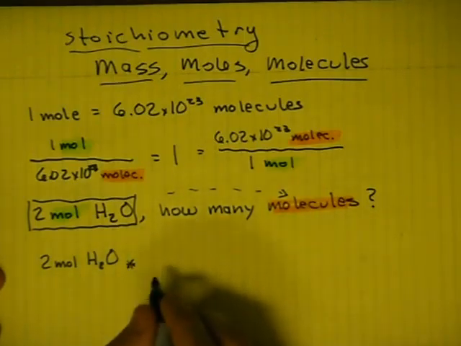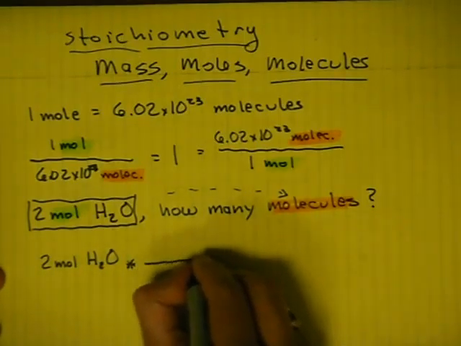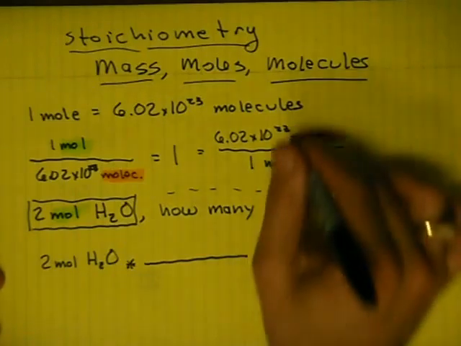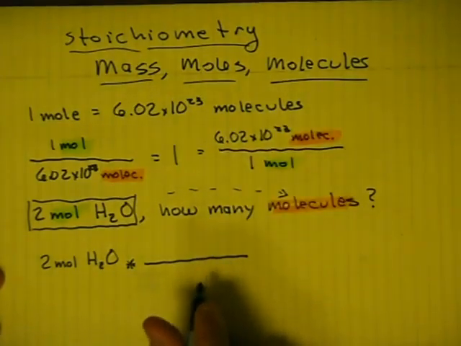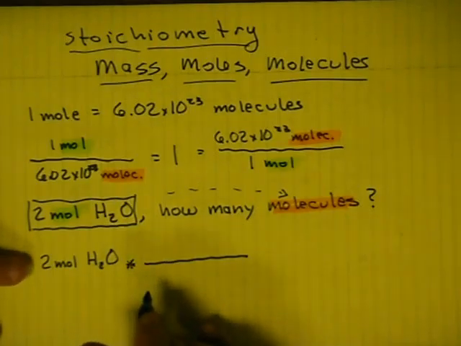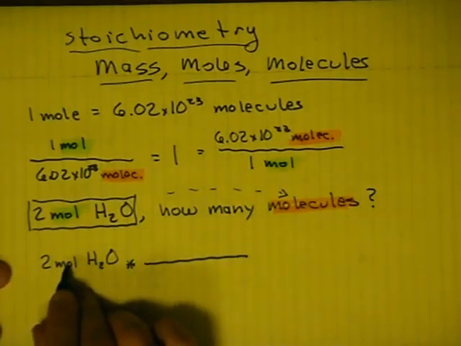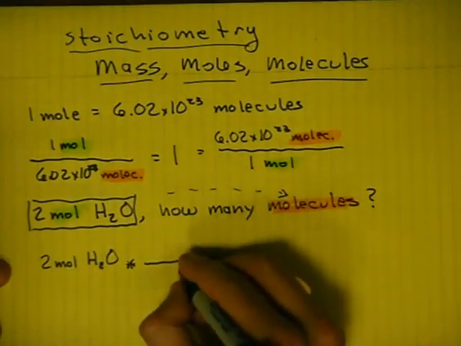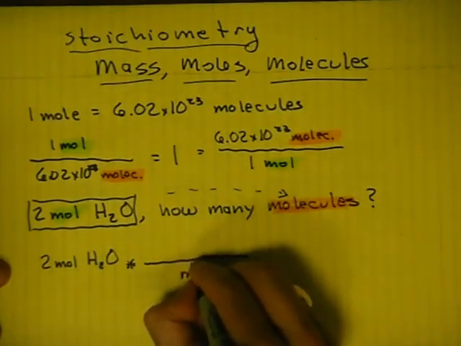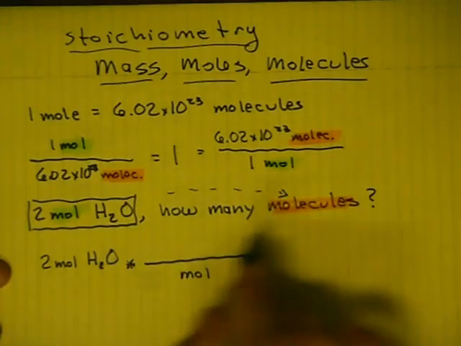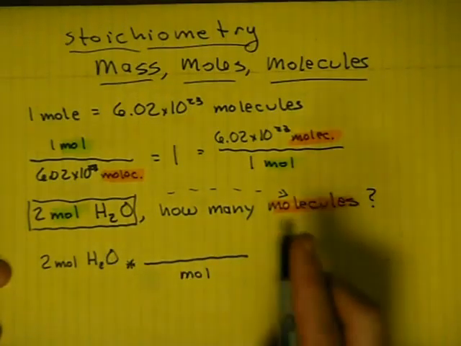So we're going to multiply this by this conversion, which is equal to 1, because if you multiply something by 1, you still have the same thing you started with. So here, moles are on top, so we're going to want moles on the bottom. And we're trying to find molecules, so we want molecules on top.